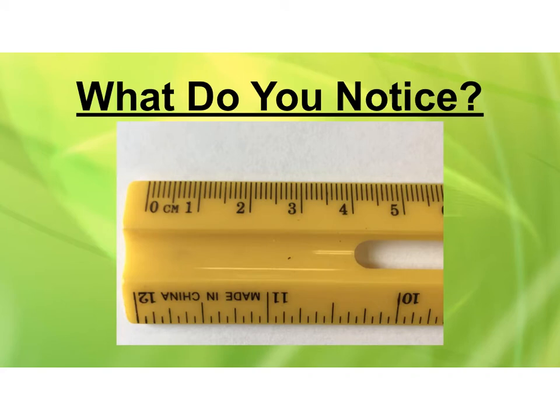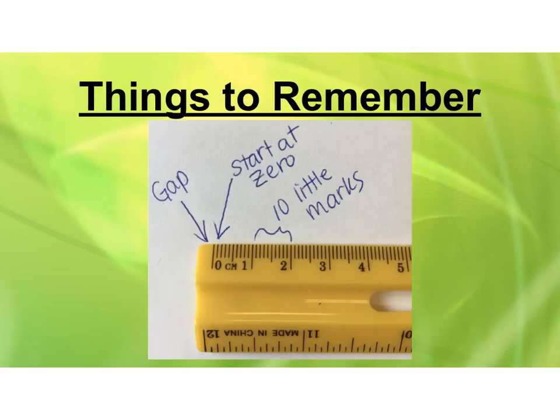I switched the ruler around, and now what do you notice? Well, there's still a gap, and it's an even bigger gap this time. So make sure you're measuring your end of your segment right there to start at 0. And now this time there's 10 little tick marks, which we're more used to having.